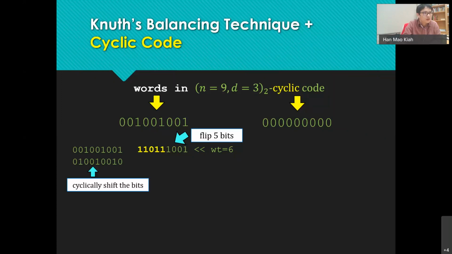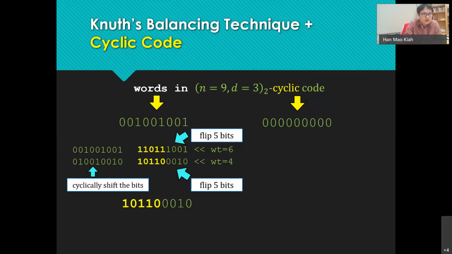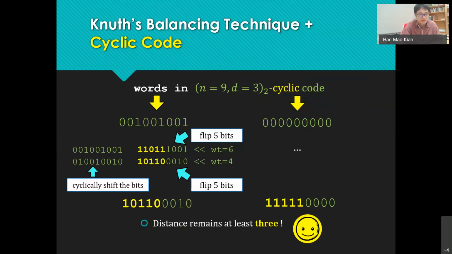I shift all the words here to the left. Now, if you flip the first 5 bits, we obtain a word of weight 4, which is balanced. As with Knuth's method, we can show that there is always one cyclic shift that achieves balancedness. And since we always flip the first 5 bits, the distance is always maintained.